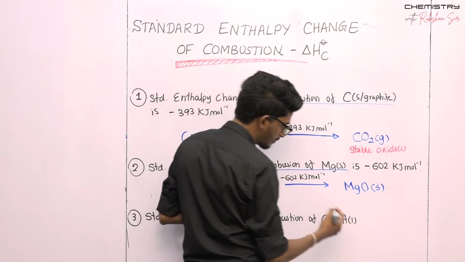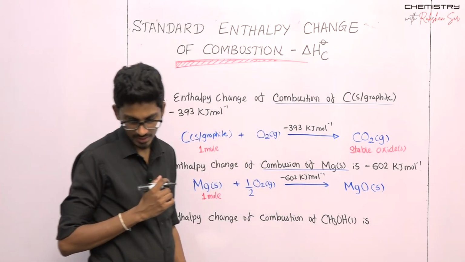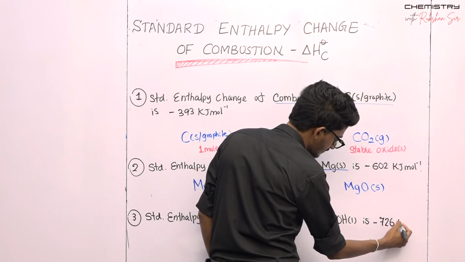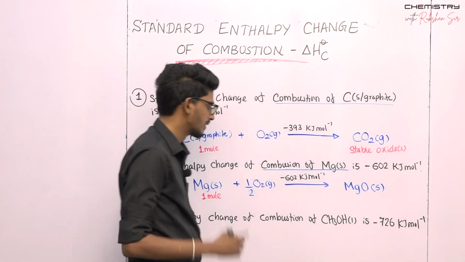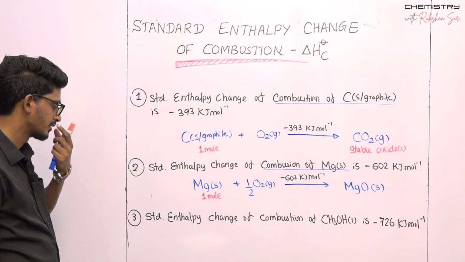This is a polyatomic species. What is the number given there? -726 kilojoules per mole. Let's come up with the correct thermochemical equation for this one.